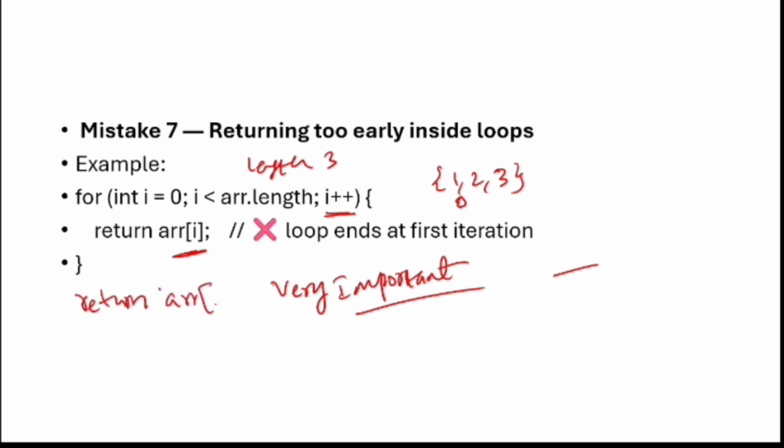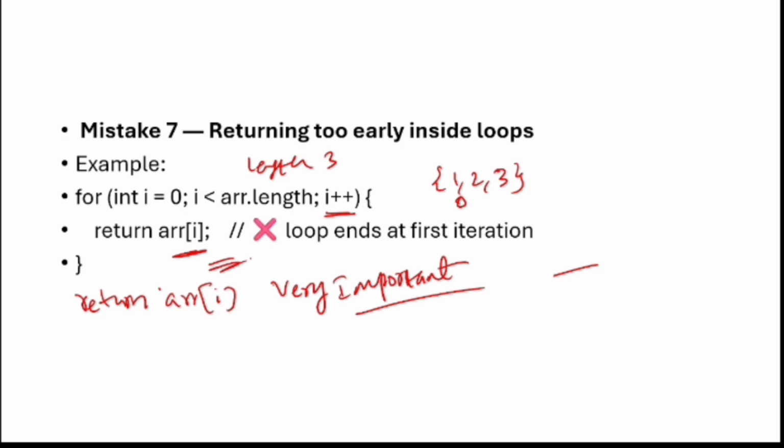Meaning, you want to iterate all the values inside an array, not a single element. Here only a single element is iterated and it does not go to the other elements.